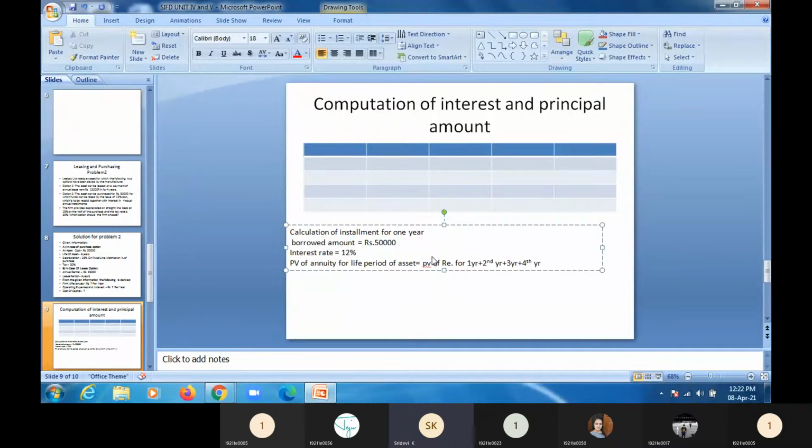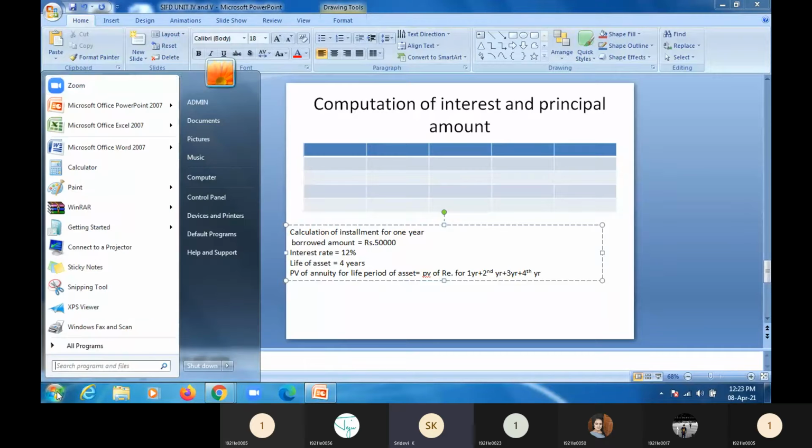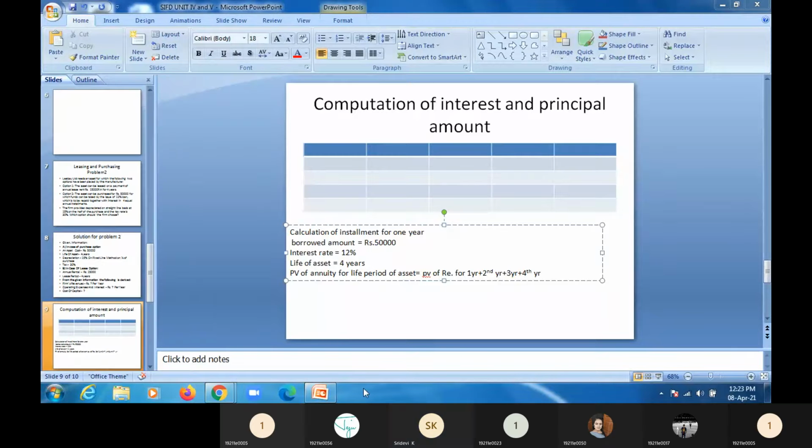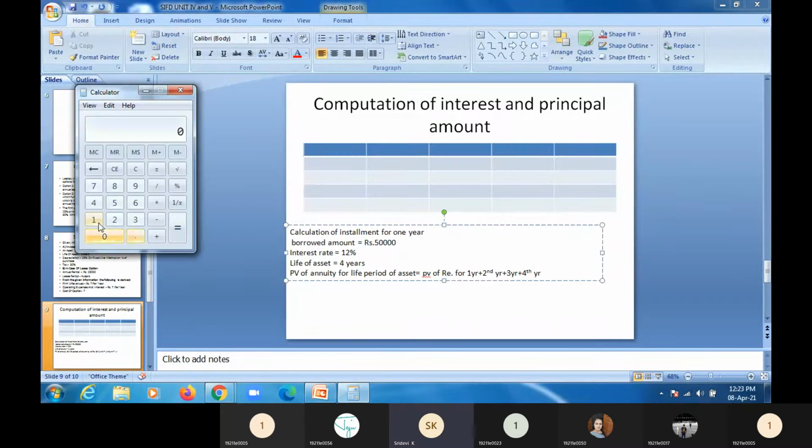So up to there, you are going to calculate the present values and you add the values. Life of asset is equal to 4 years. Okay. So how much it is, you are going to get the present value that you calculate in this calculator. So R value you take as the interest rate, you treat it as R value. Okay.